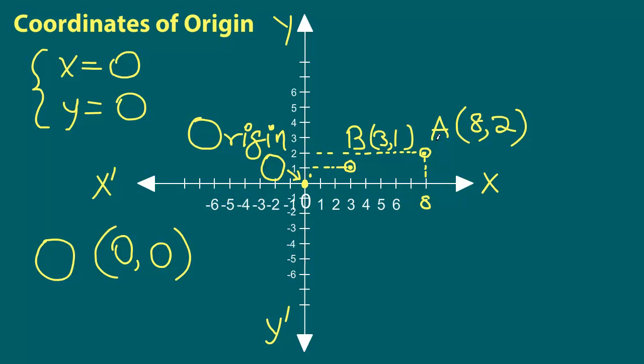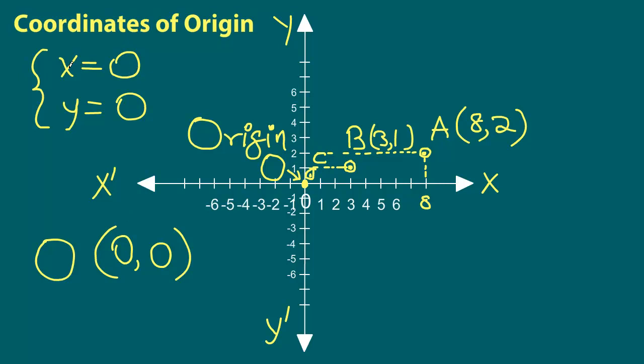If, let's say, this is point A, this is point B, and this were point C, right? As we are coming closer and closer to origin, the x and y coordinates are both reducing. When we fall on the origin, when we merge on the origin, at that point there is no distance left from origin for both x and y axis. So we say that the x coordinate will be 0.